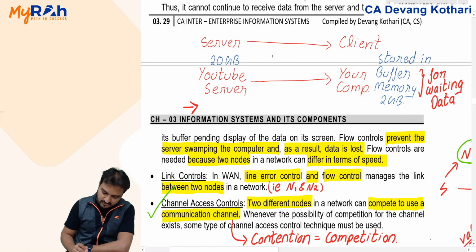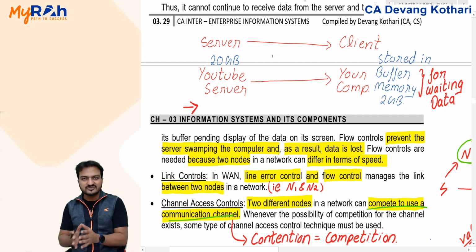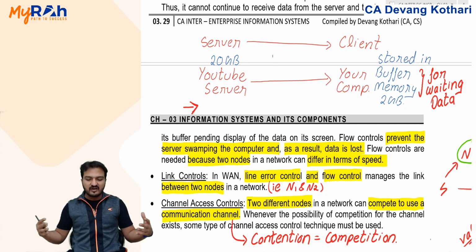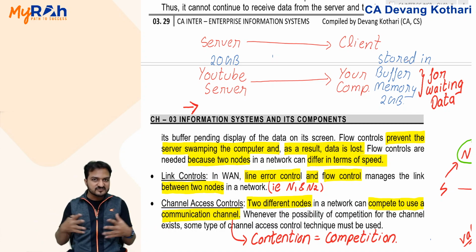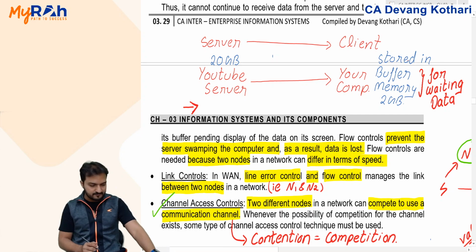Channel access control were the controls when two different nodes are competing to use the same communication channel. If two computers in a network both want to use the internet, then they will have to compete. At the time of such competition, there will be channel access control to prevent them from fighting.